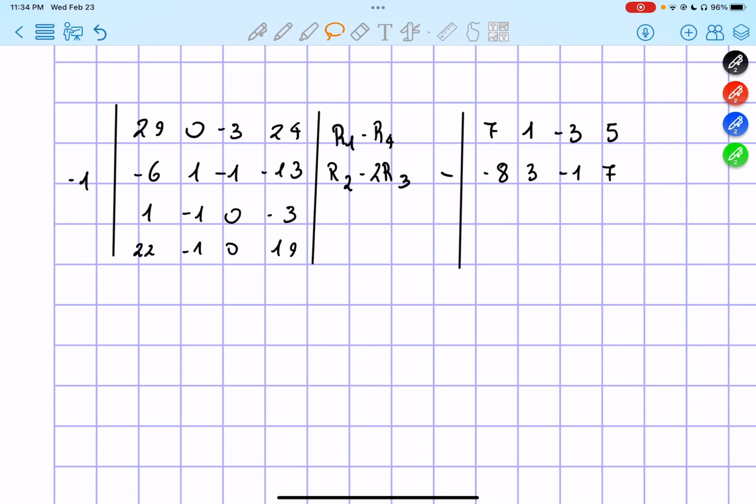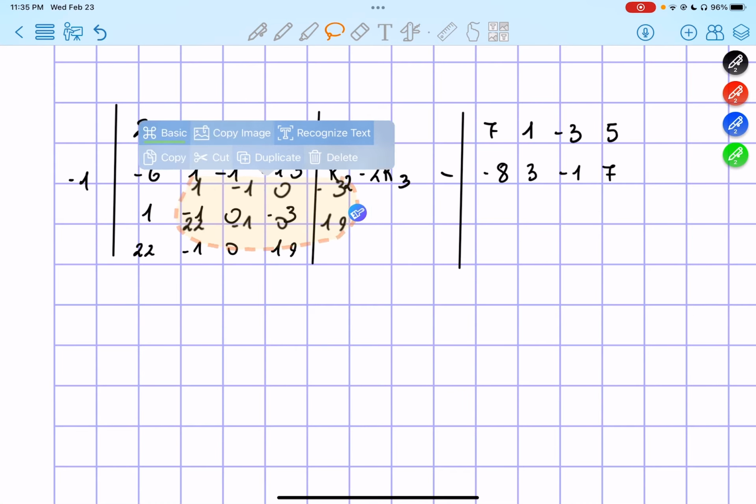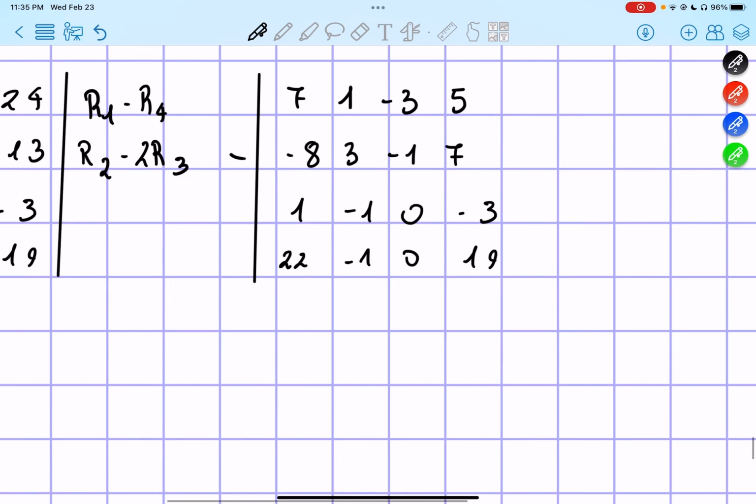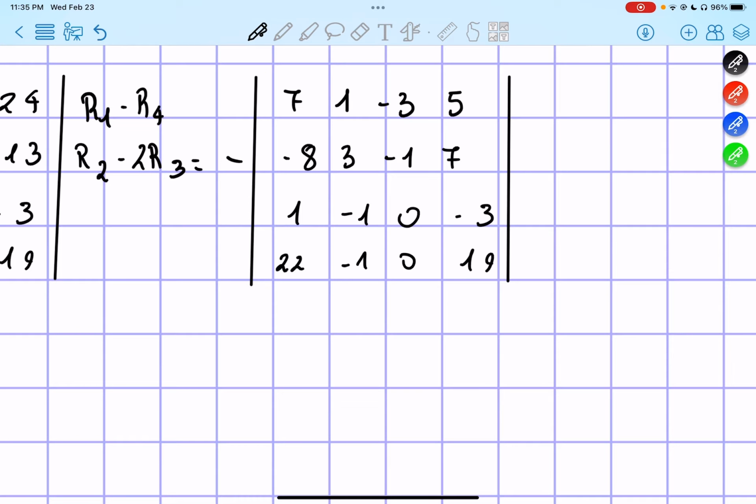Then the rest stays the same. Okay. C equals 2. Okay.